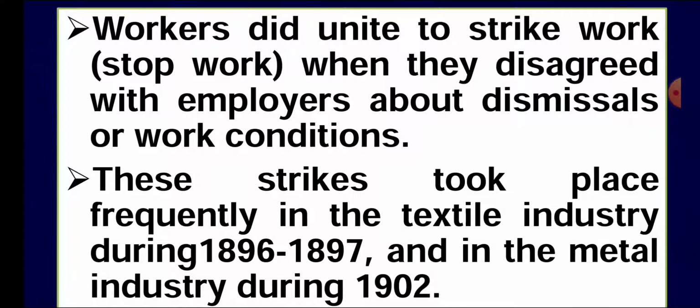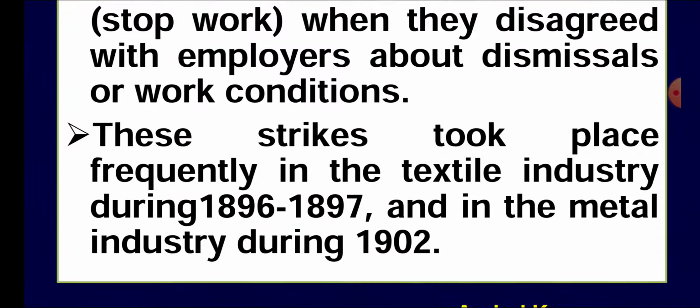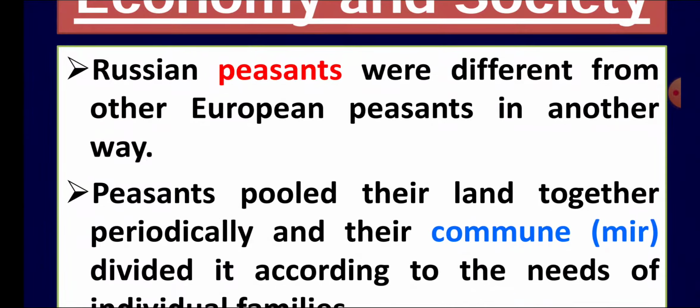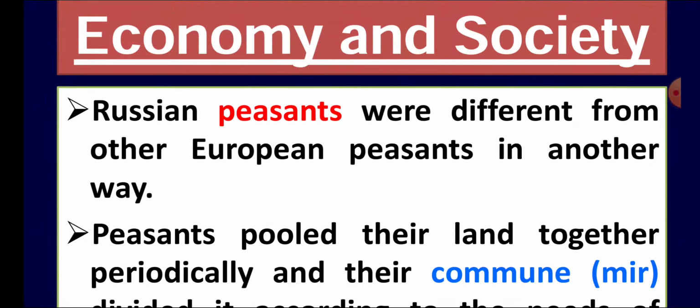Workers could not make any association. There was no facility for their children in the factory site areas. Their living condition was also not good. When you see this chapter, you will see some pictures showing how the people lived in bunkers and dormitories, where the condition of the people was not good.